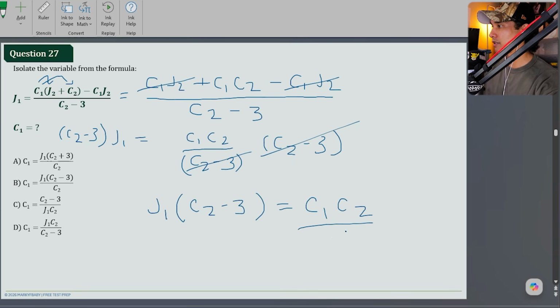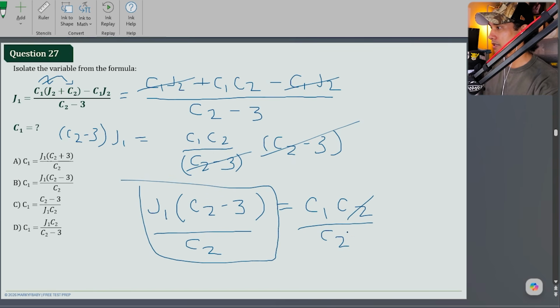And then I'm going to divide by C2, divide by C2, and cancel that out. And then C1 is equal to J1 times C2 minus 3 over C2. And that's this answer choice here, B. And that is correct.